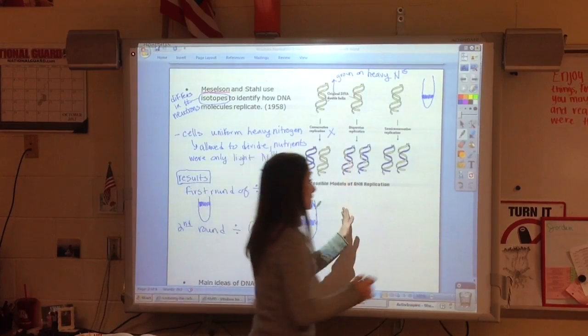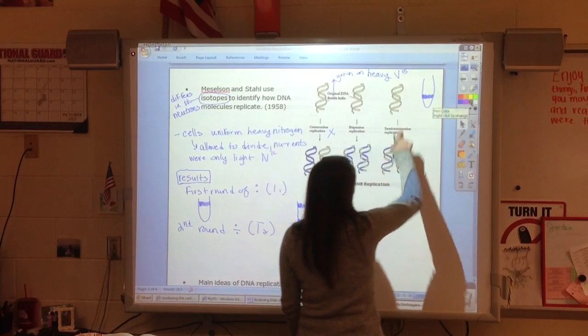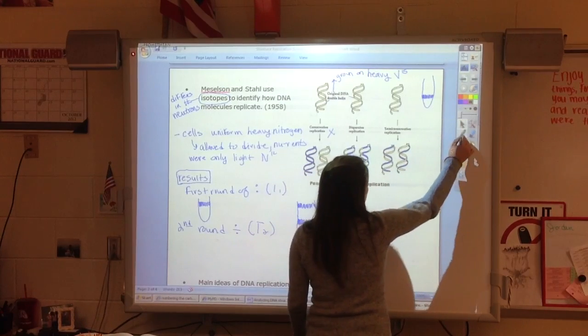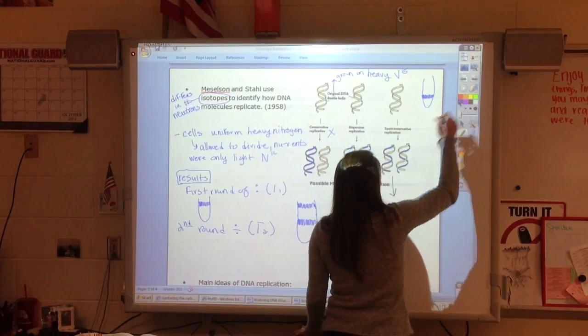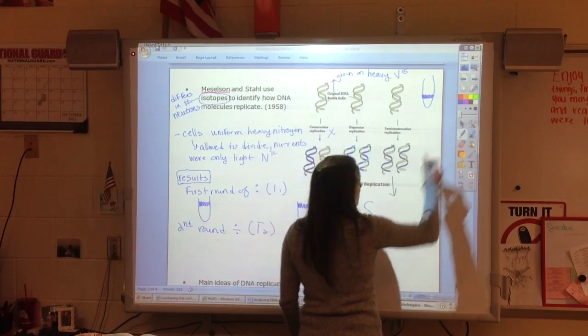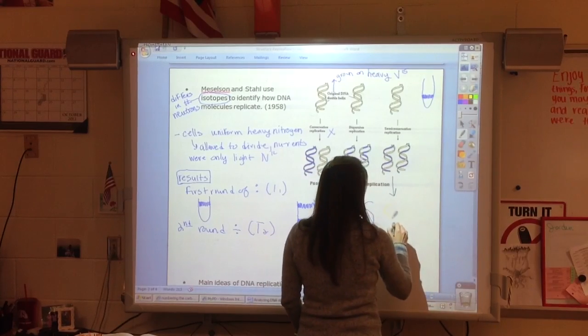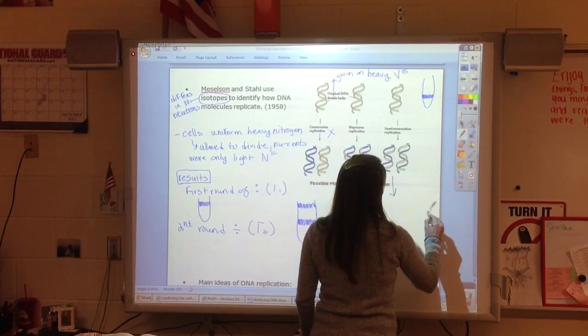Because after the second round, and this is what we actually saw, after the second round, remember we're growing it on blue. So after the second round, what they saw is that this strand split so that I had a blue as a template and a yellow as a template. Over here I'd have a yellow and I'd have a blue.